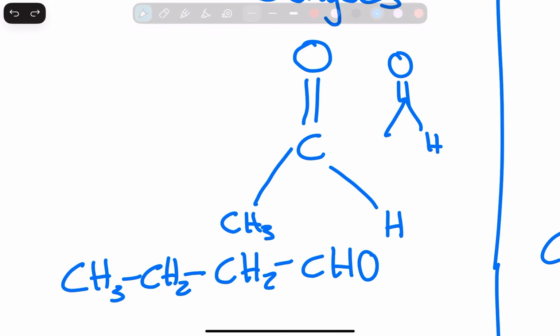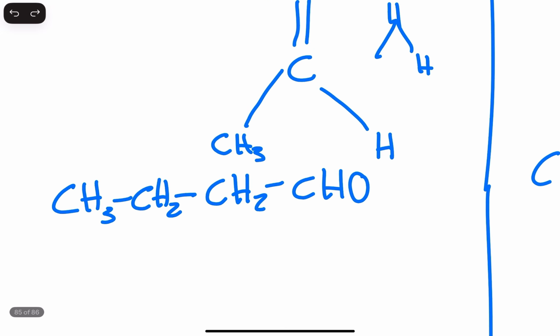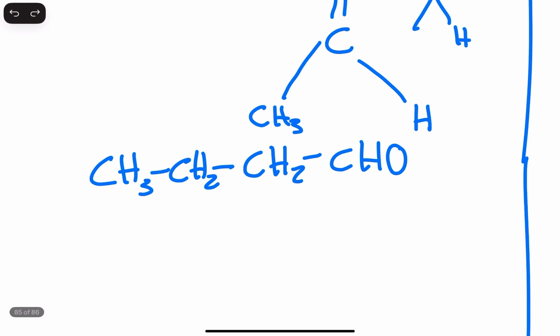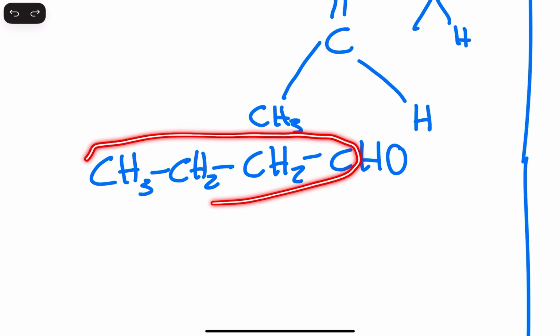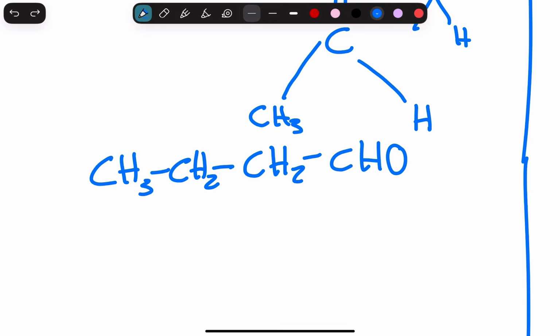Because we have our oxygen, we have our carbon, we have our hydrogen, and they're bonded to a carbon group. So how would we go about naming this? So we'll start by naming the longest chain. We see that we have 5 in this chain. So we'll number those. 1, 2, 3. Sorry, we have 4. 4 in this chain.